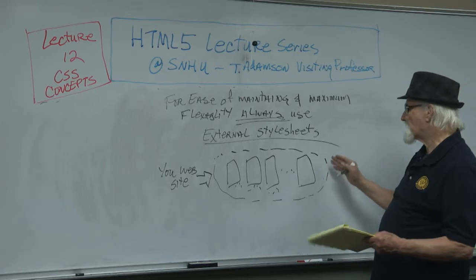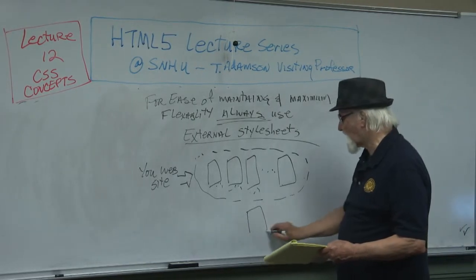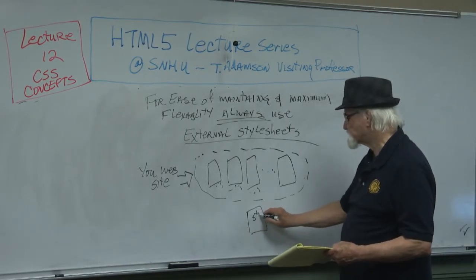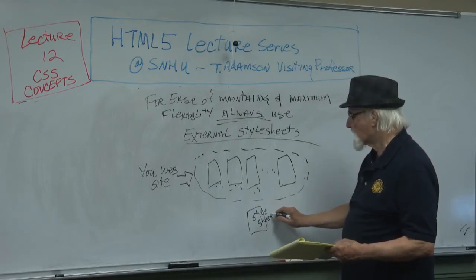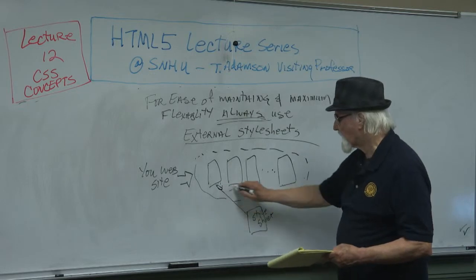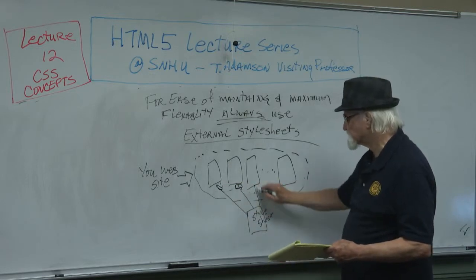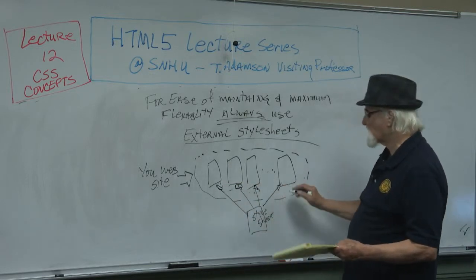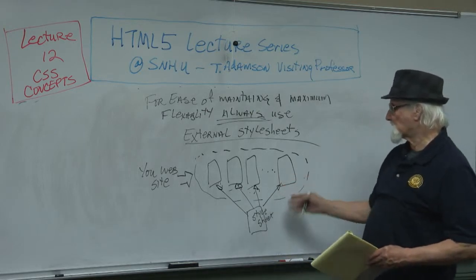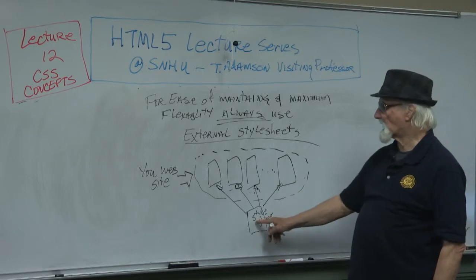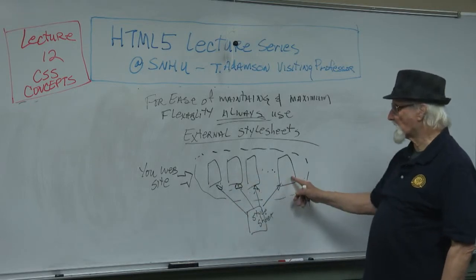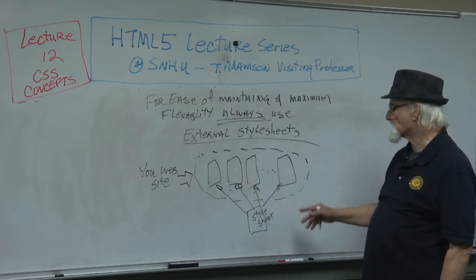So what you want to do is you want to try and use one style sheet that's called by each of these. So if for some reason you want to change the background color from black to blue, you do it here, it does it on all these. Or you want to change the font size to something else, that does it on all these. Then you can cascade if you wish.